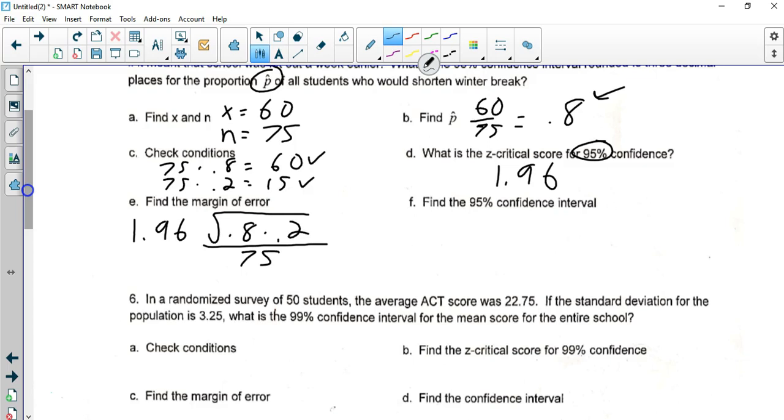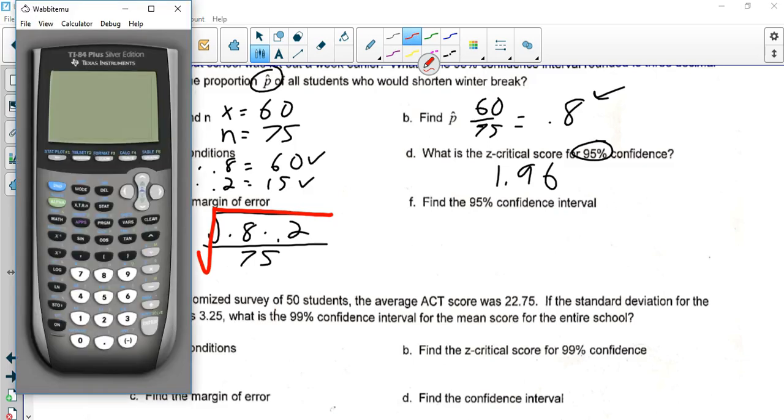You're going to get the wrong answer if you do the square root of 0.8 times 0.2 and then divide by 75. It is the square root of the entire thing. This is on your cheat sheet. The formula is there. The square root is a big square root that covers the entire calculation. So you hit your square root key, then put 0.8 times 0.2 divided by 75 underneath it, like so.